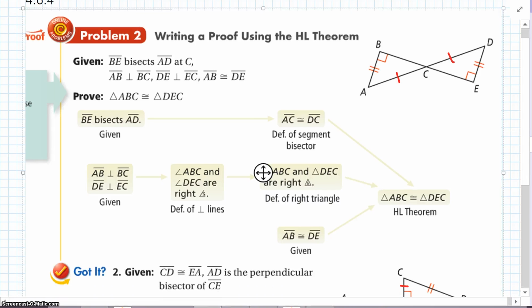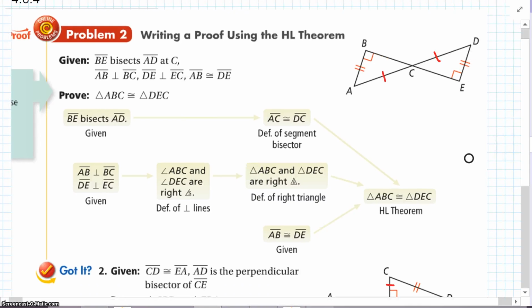Okay, so problem two, writing a proof. We've got this diagram. BE bisects AD at C. So we know AC and CD are congruent because that's the definition of a bisector.